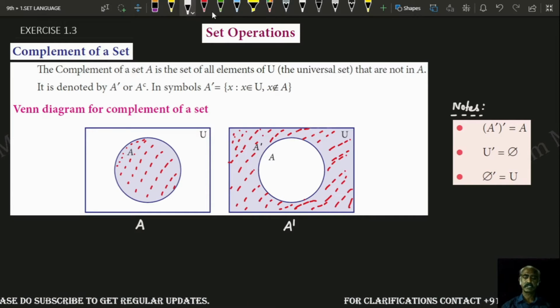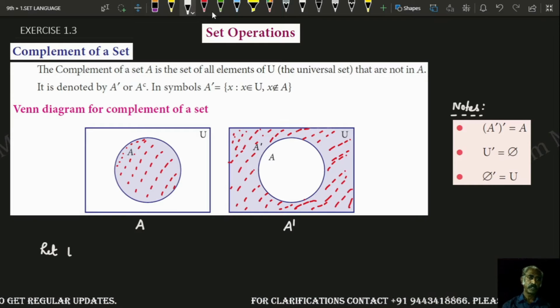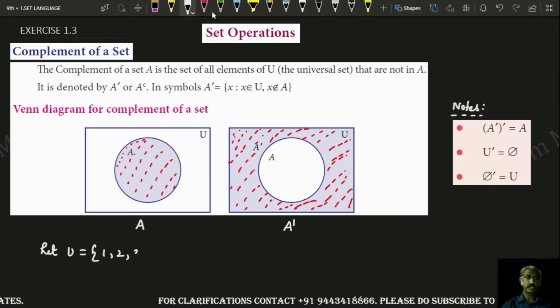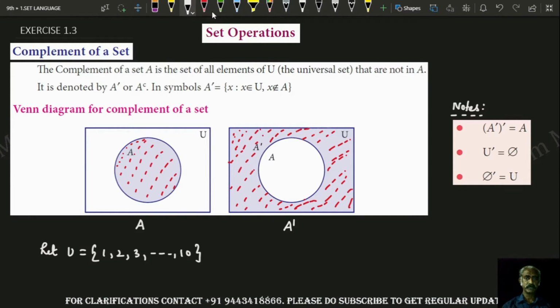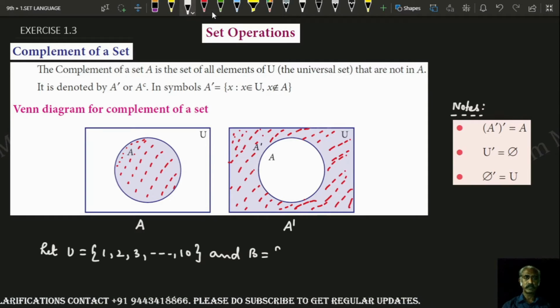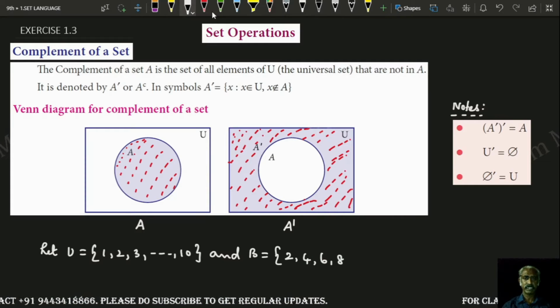Just remember that. Suppose U is equal to 1, 2, 3, etc. up to 10, and set B is equal to 2, 4, 6, 8, 10.